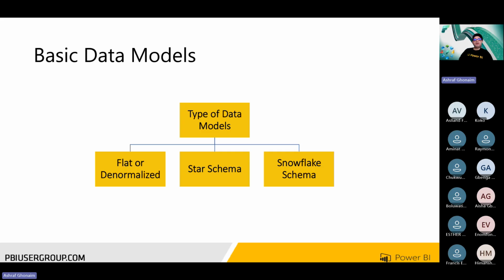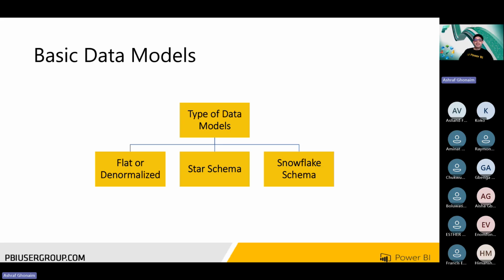Basically, you have all the information that you need inside just one table, with all the fields and all the columns. This is a very common case when you deal with an Excel sheet, for example, or you come from an Excel background. A very common scenario: someone gives you a single table that has all the information inside it. That's what we call a flat table.